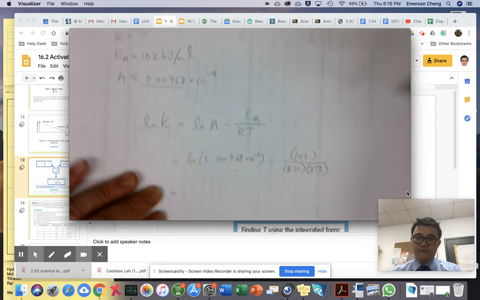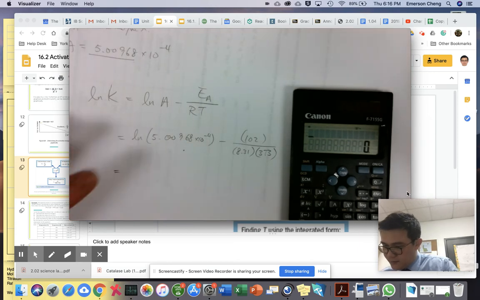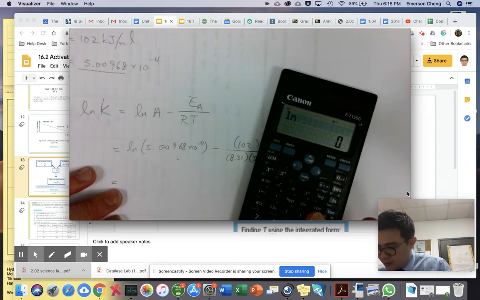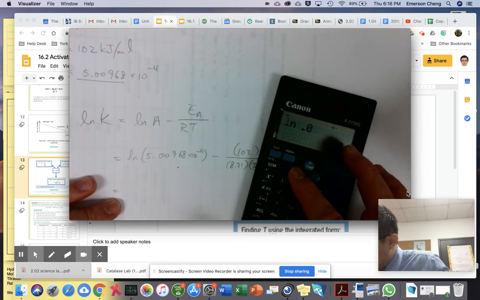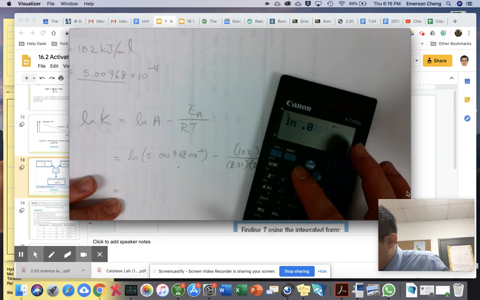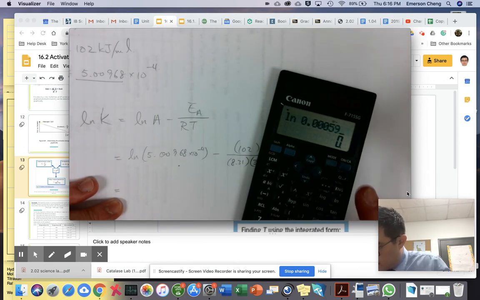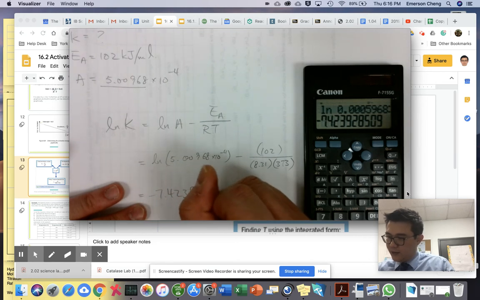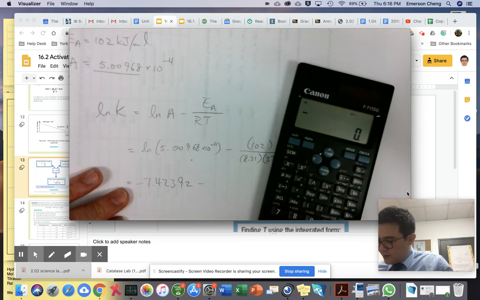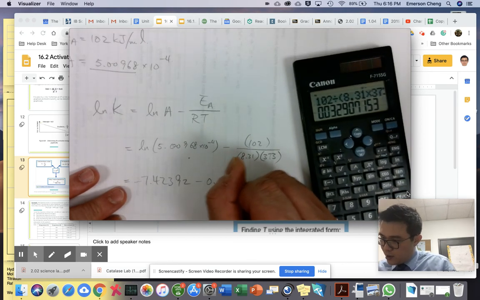So in this case, ln of 0.0005968 equals minus 7.42392, minus 102 divided by bracket 8.31 times 373, which is 0.032907.